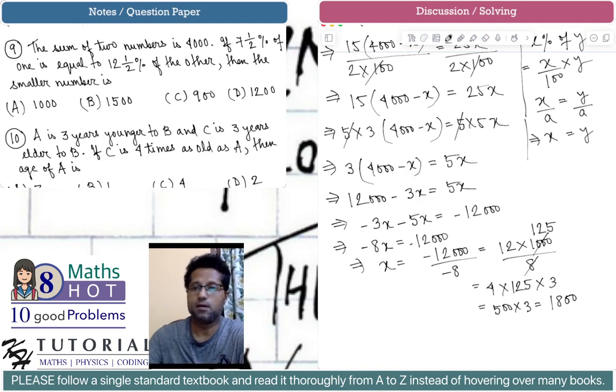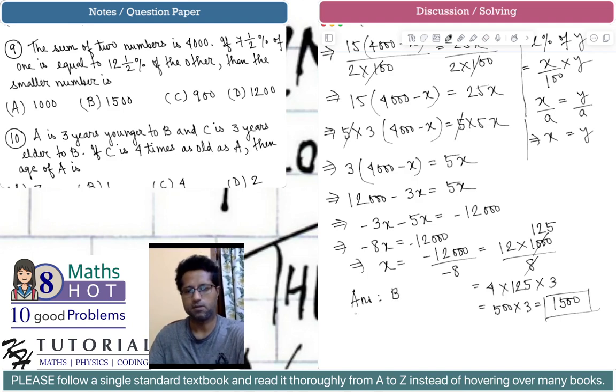So we get the smaller number as 1500. Okay. So the smaller number is 1500, and hence the correct choice is B. B is the correct choice.